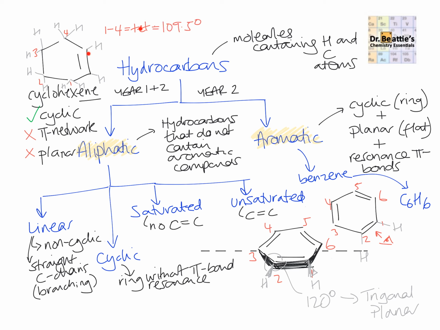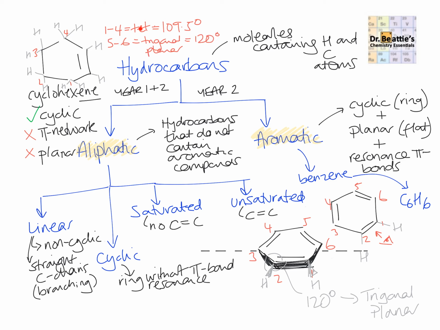Then looking at positions 5 and 6, these only have 3 areas of electron density. Remember, the double bond is still just one area of electron density. So we've got 1, 2, 3 around carbon 6, and that's the same for carbon 5. Then that is going to be trigonal planar, just like any C double bond C carbon, and that has a bond angle of 120.